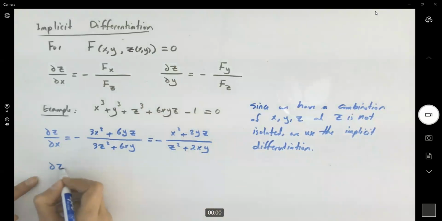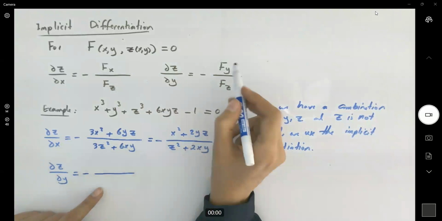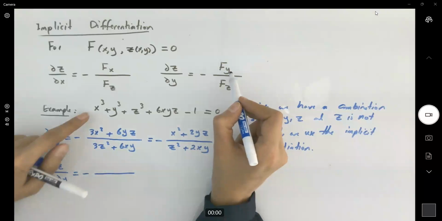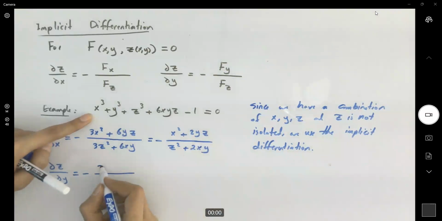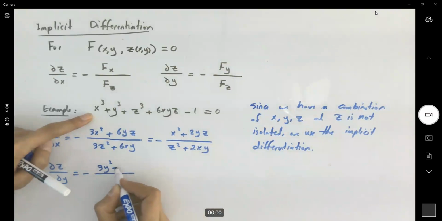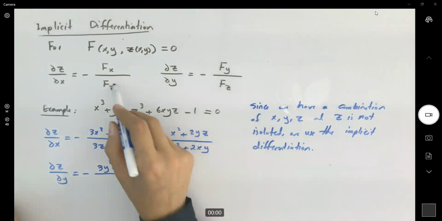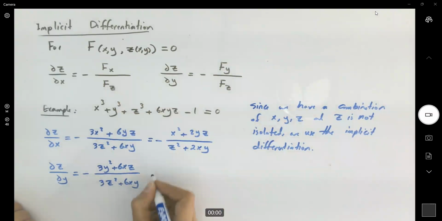Now the partial derivative of z with respect to y. Let's follow the formula, the negative sign in front of it, then on the numerator you have the partial derivative of f with respect to y. So with respect to y, it means that x and z are constant, so we're left with 3y squared plus 6xz divided by, the denominator is going to be the same, 3z squared plus 6xy.